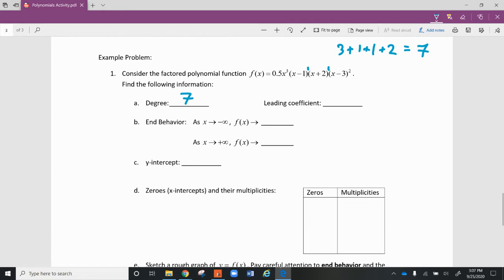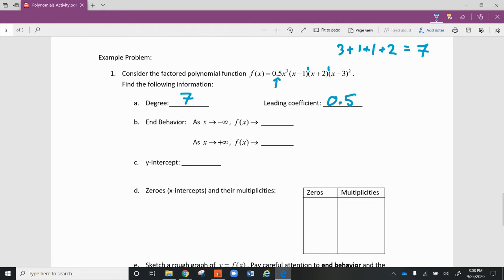And that would give you x to the power 7, right? Because you got the 3, the 1, the 1, and the 2. You'd have an x squared from this one because this is going to be squared. So that's where you get the x to the 7th term from. And the only constant multiple that you're going to get there is 0.5. So this number out here actually corresponds to your leading coefficient. So our leading coefficient here is 0.5.